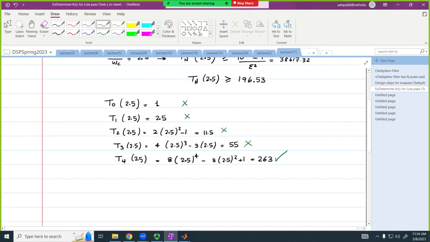Okay, so what we're going to do next is go to our Chebyshev table, and we're going to get the polynomial.